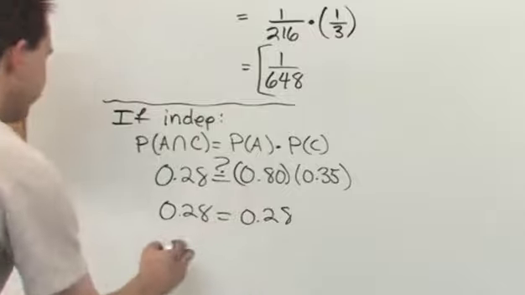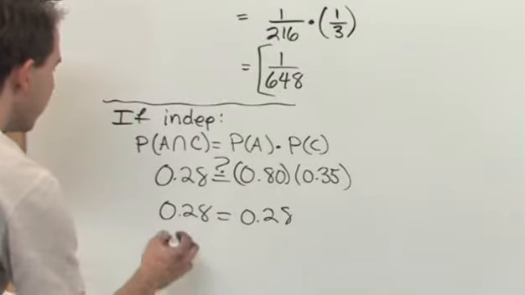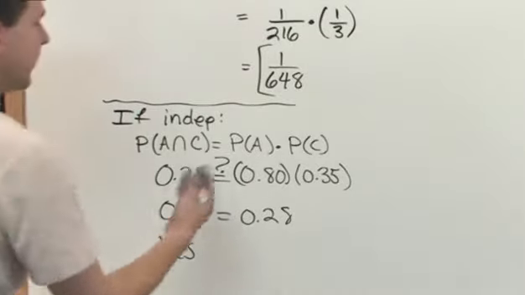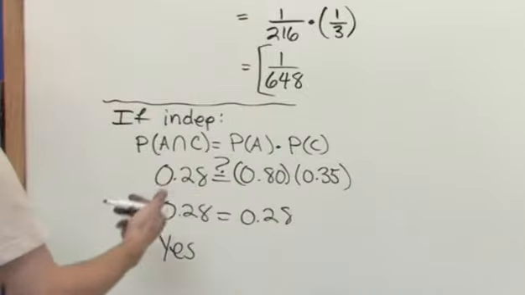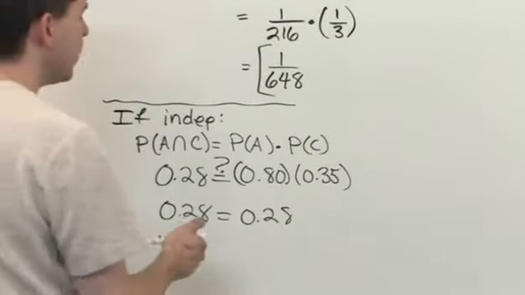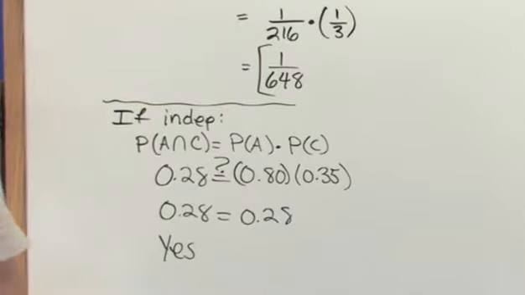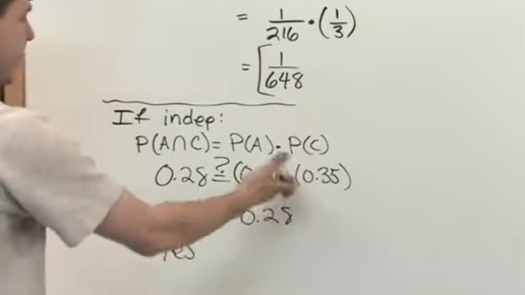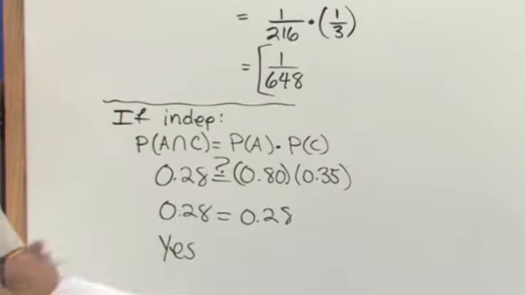So they are equal, so yes, these are independent events. If the right hand side multiplied to something other than 0.28, then we would know that these things were not independent. The probability of C would have been altered in that case because they were dependent events, if it didn't multiply out to give you 0.28.